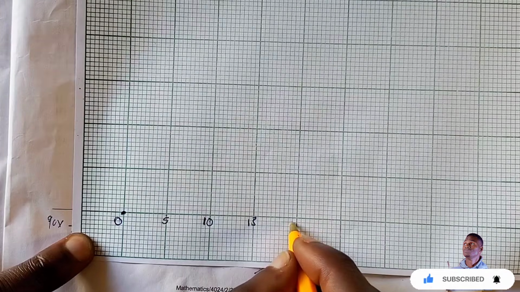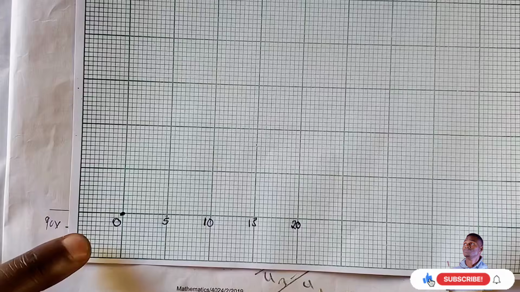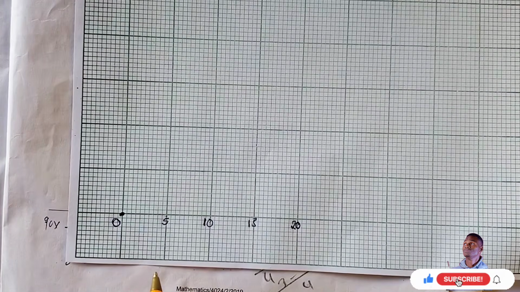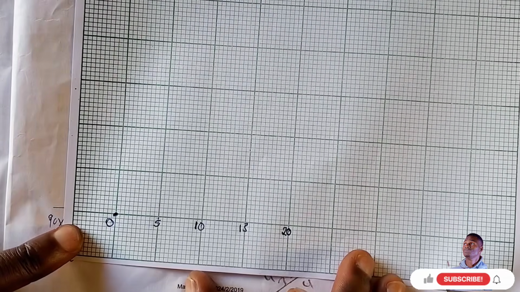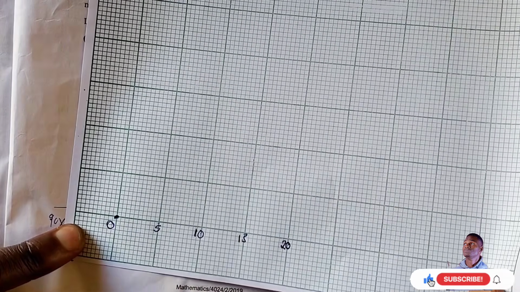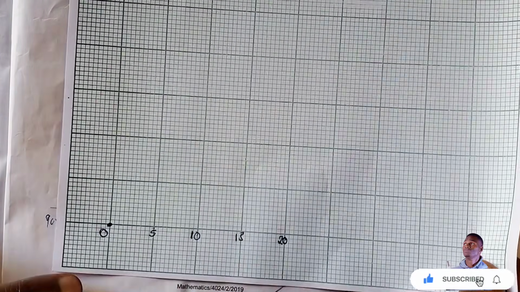Just end on 20. Okay? 2 centimeters represent 5 units. That's what it's saying. Though it looks smaller than the usual graph, it's fine because this is what we are told.